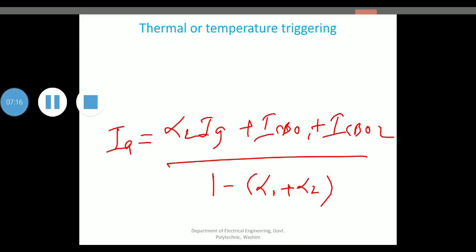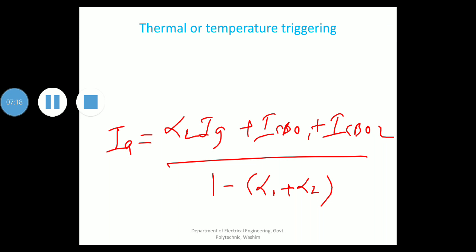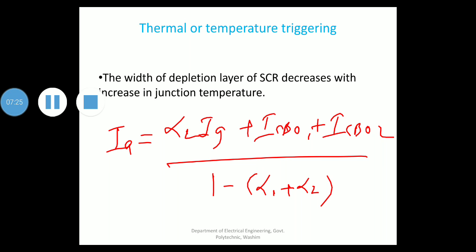Now as we go on increasing the temperature, the factor alpha 1 plus alpha 2 goes on increasing, and the denominator term goes to 0, and the anode current goes to high value.